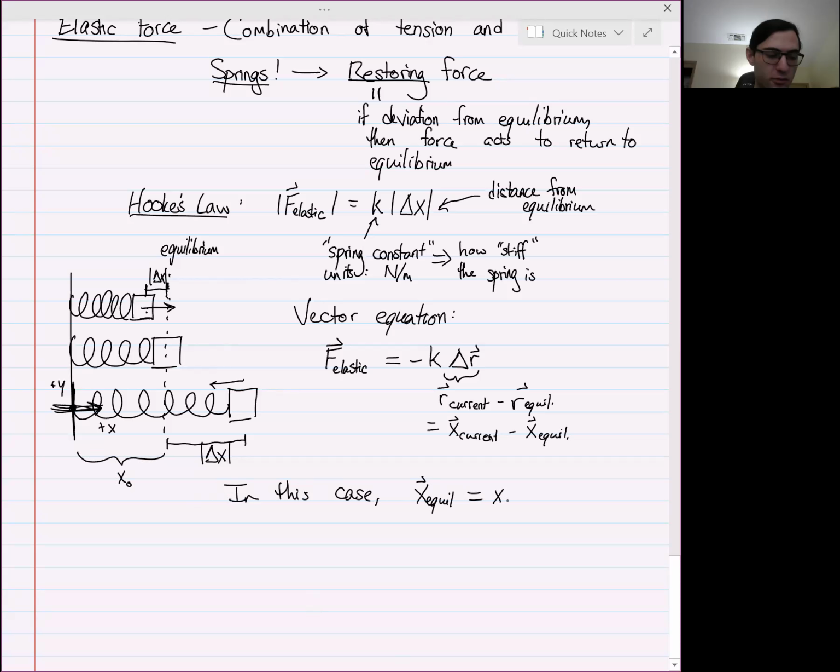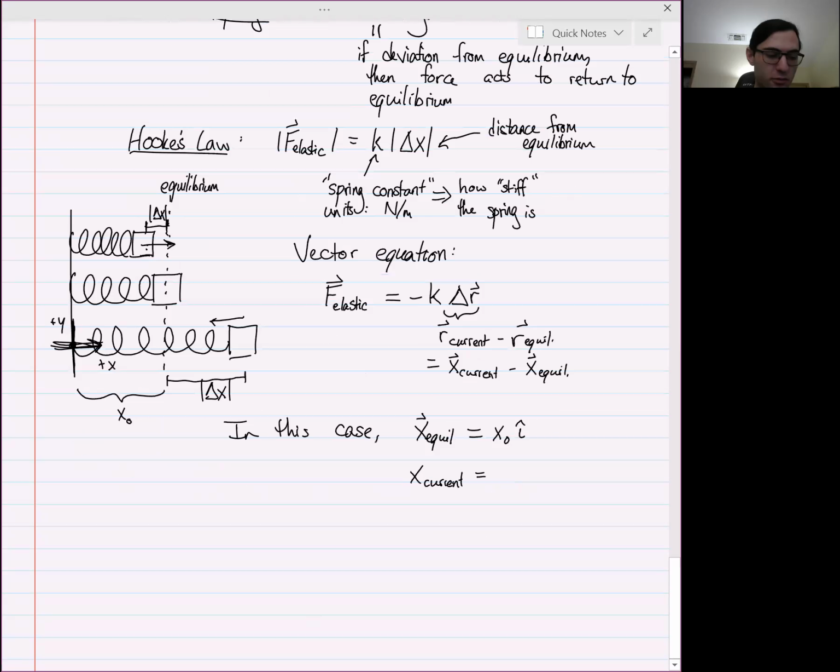It would be x naught in the i hat direction. And x current would be x naught plus the magnitude of delta x in the i hat direction. It's this much plus that much more in the x direction.